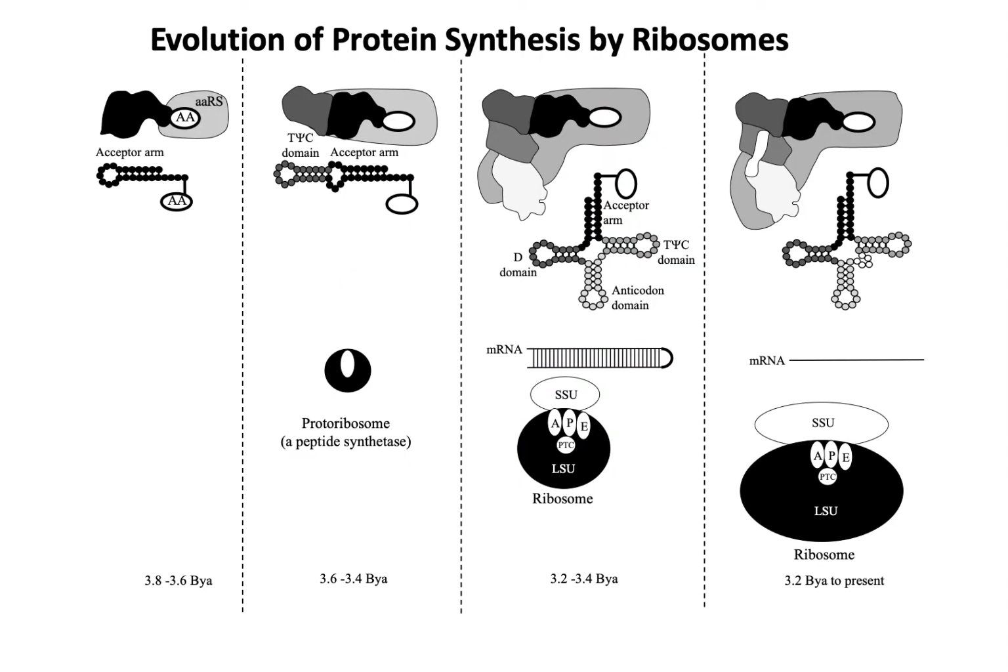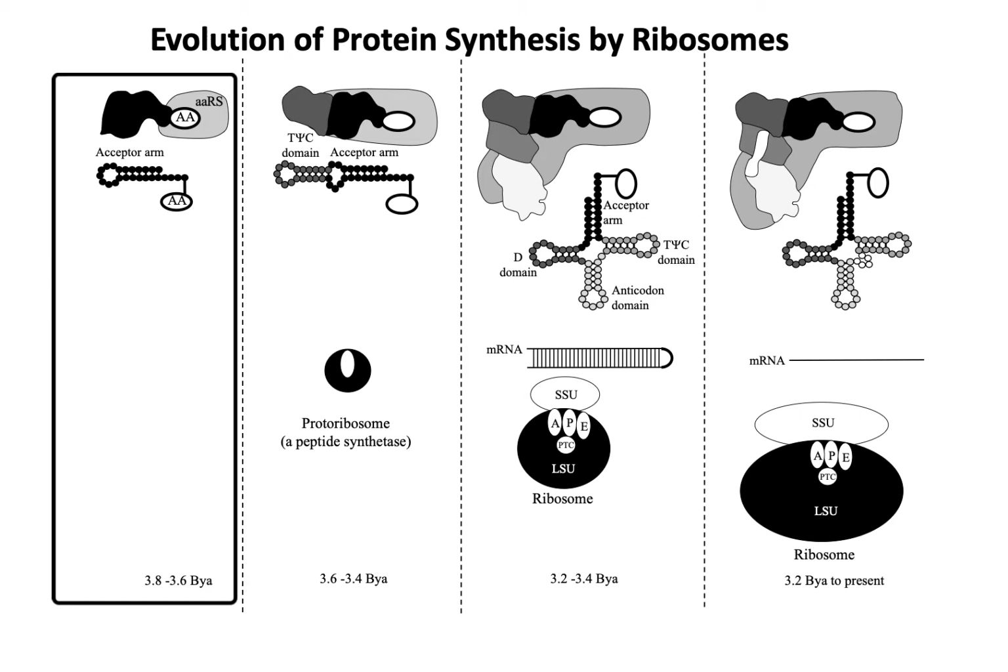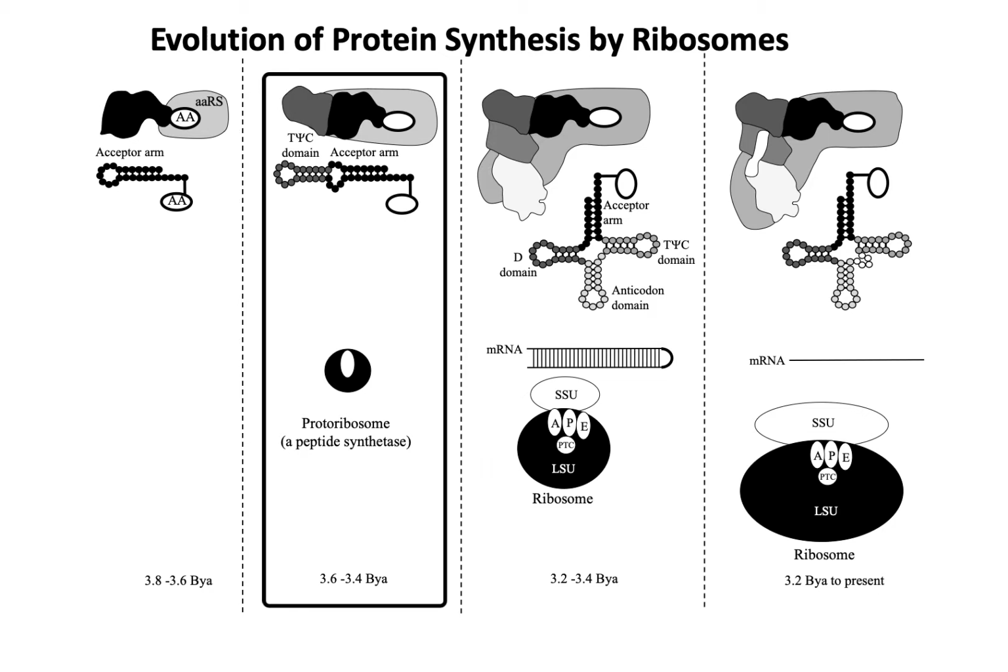So here's a simplified scheme of that, where initially you have just the acceptor arm, which is attached to an amino acid by the aminoacyl tRNA synthetases. Those can be linked together then by synthase as well as the ligase. But then you start getting elaboration of both the aminoacyl tRNA synthetases as well as elaboration of the tRNA, and finally get this protoribosome that does a much better job at linking amino acids together and holding on to the peptide.